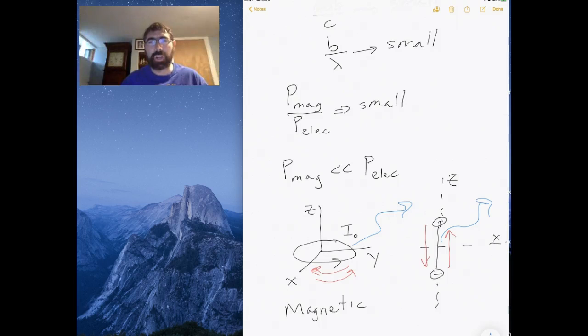If you want to produce a transmitter, then you're probably going to boost your power by using an oscillating electric dipole, essentially an alternating current, or oscillating the charge back and forth, as opposed to the circular current going around in a wire.